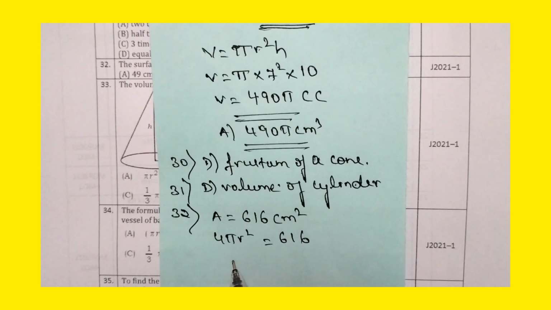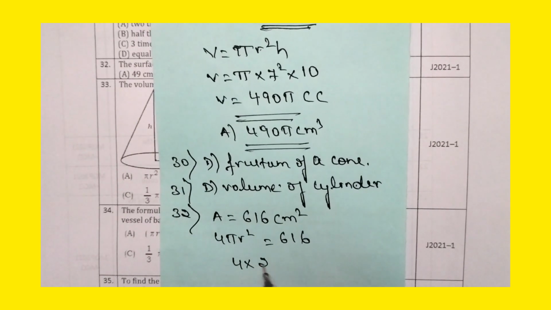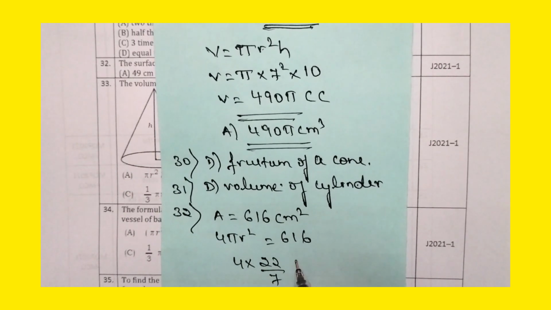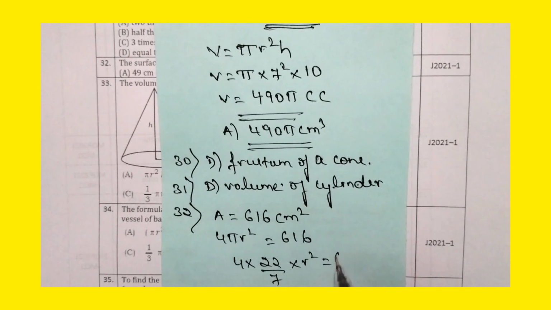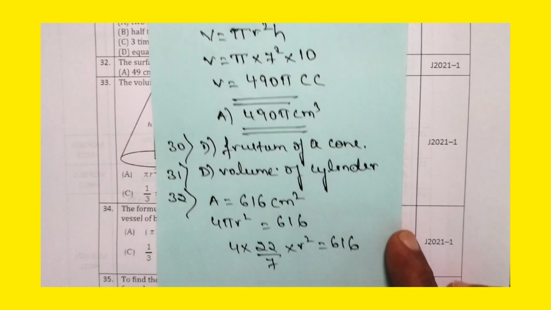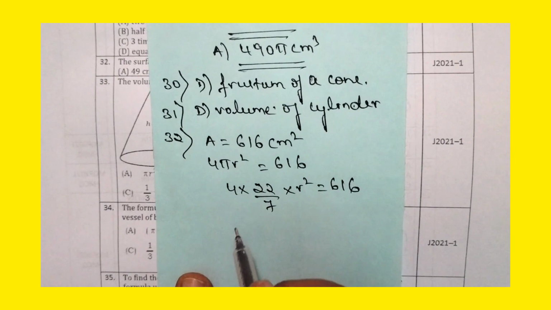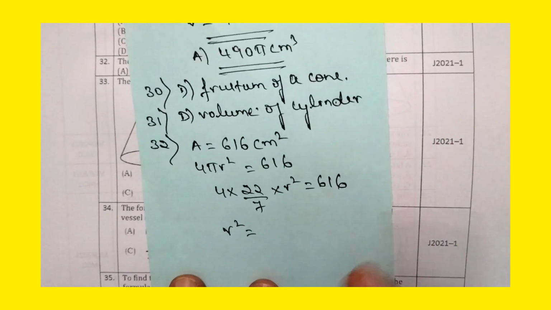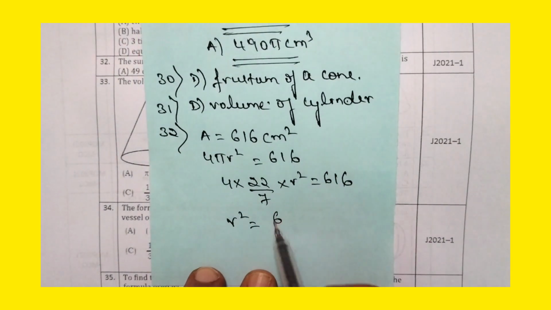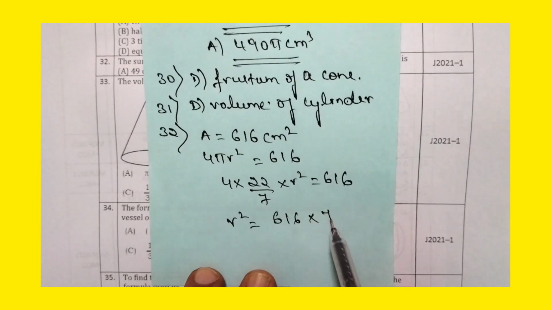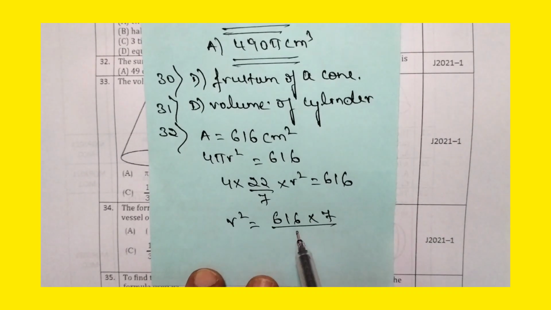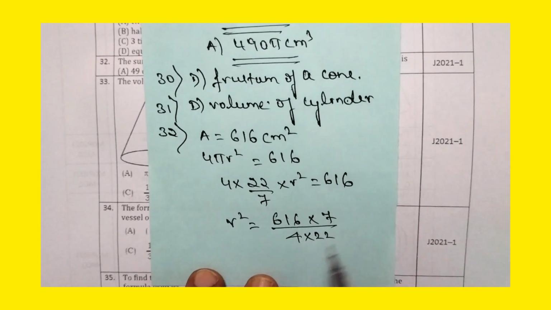Now 4 into pi, that is 22 by 7, into r square is equal to 616. So now r square is equal to 616 into 7 divided by 4 into 22.